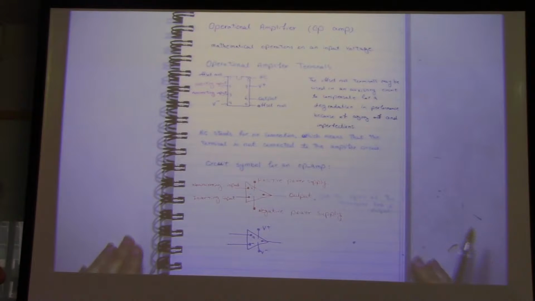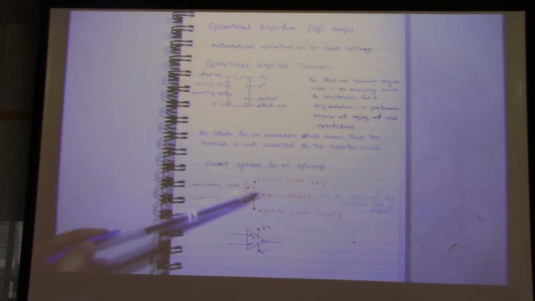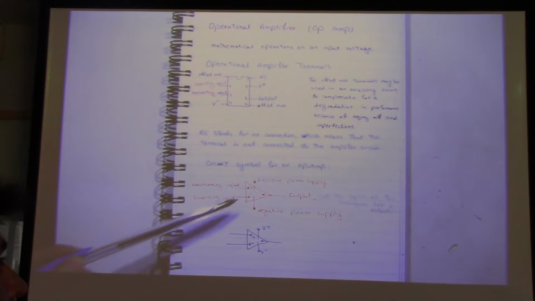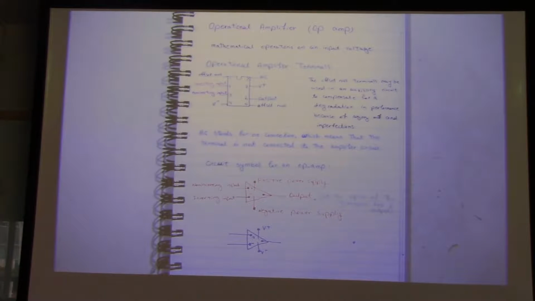We usually use this symbol to show op-amp. So we say positive is non-inverting input. Whenever you see positive sign, non-inverting input, and whenever you see minus sign, inverting input. Minus means I want to invert.